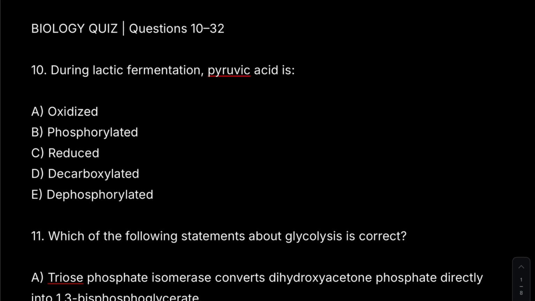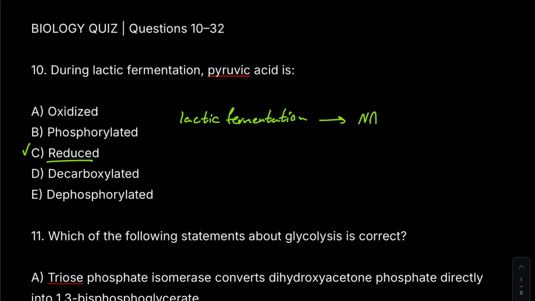Question number 10. During lactic fermentation, pyruvic acid is, option C is correct, reduced. So why? During lactic fermentation, pyruvate gains electrons from NADH.